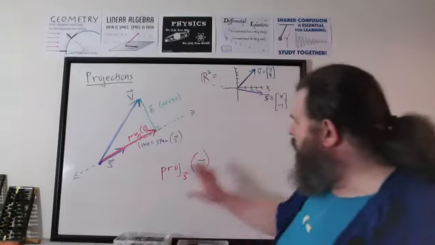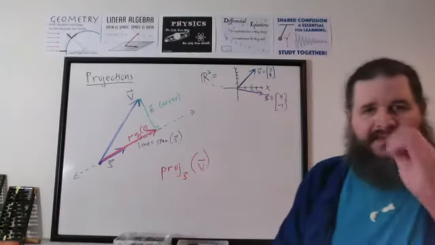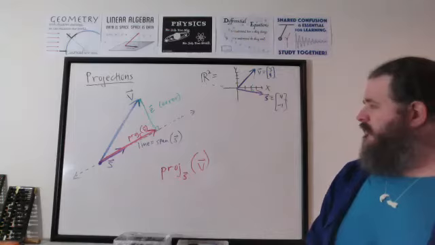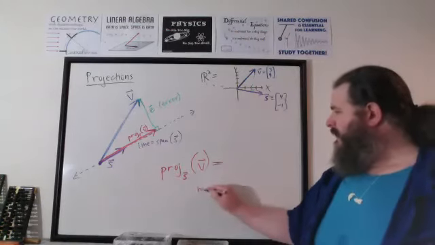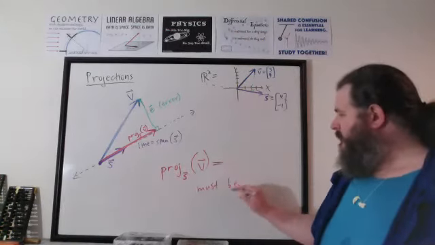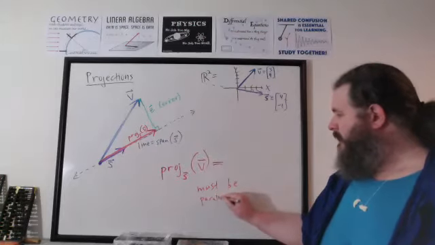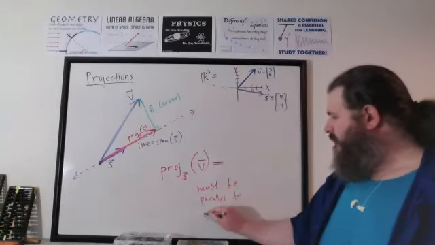But let's see if we can actually get a formula for the projection of V onto S. First of all, we want the result to be in the same direction as S. It must be parallel to S itself.